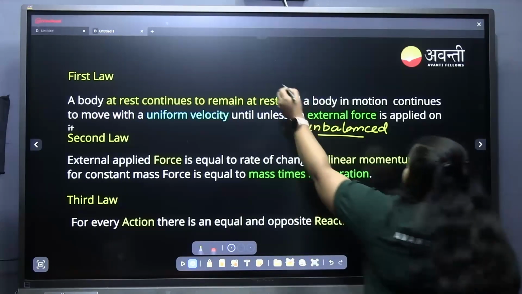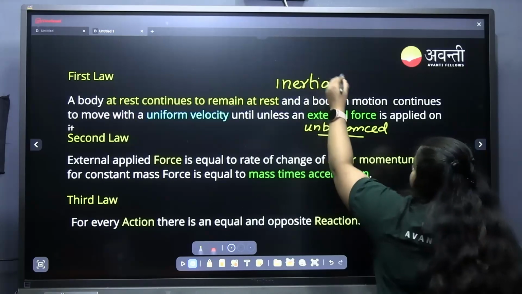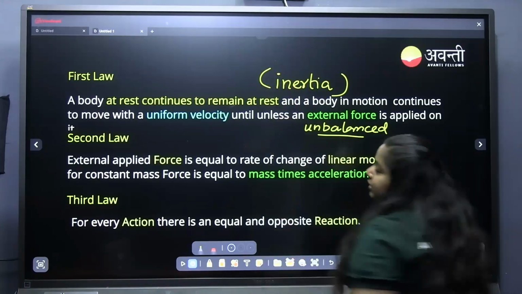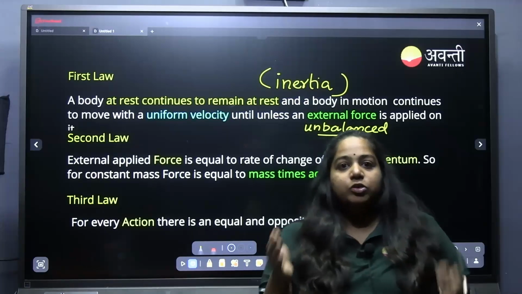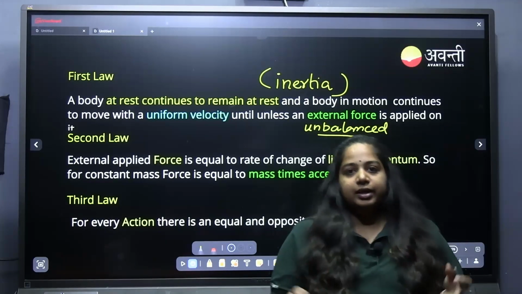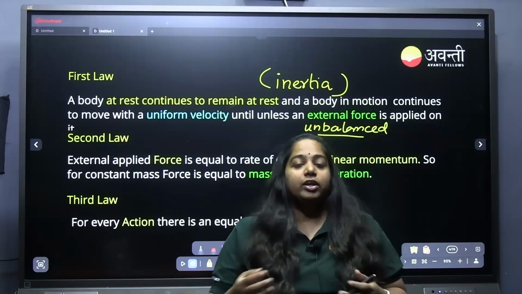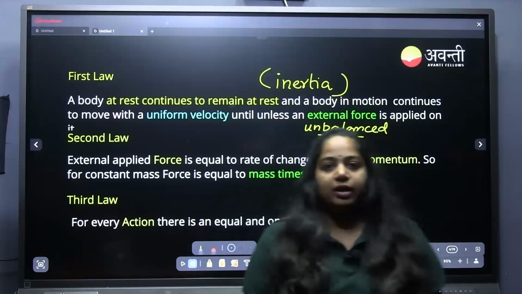From the first law we will learn about inertia. And what is inertia? Inability of a body to change its state by itself. If a body is at rest, it cannot change its state by itself. An external force should act on it.